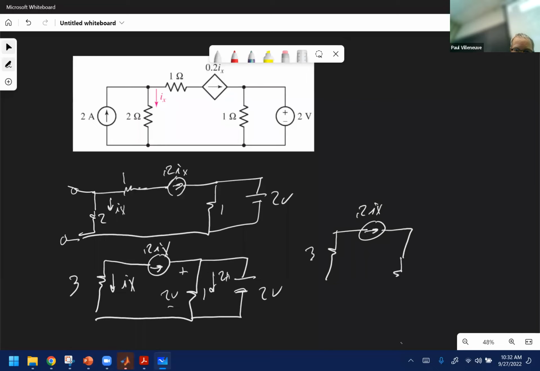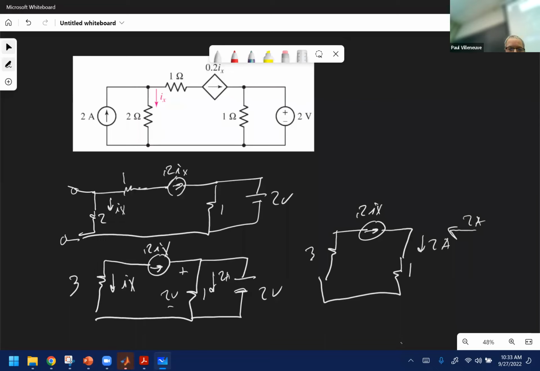This is 1, and I've got 2 amps going through here, and I've got 2 amps coming in this direction. The problem with this being here is that it probably would have been easier otherwise, but it should be something that we can tackle.